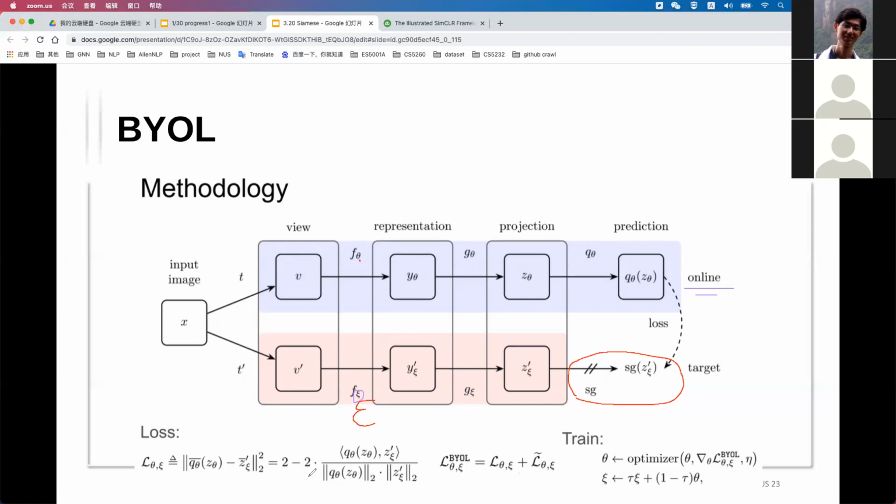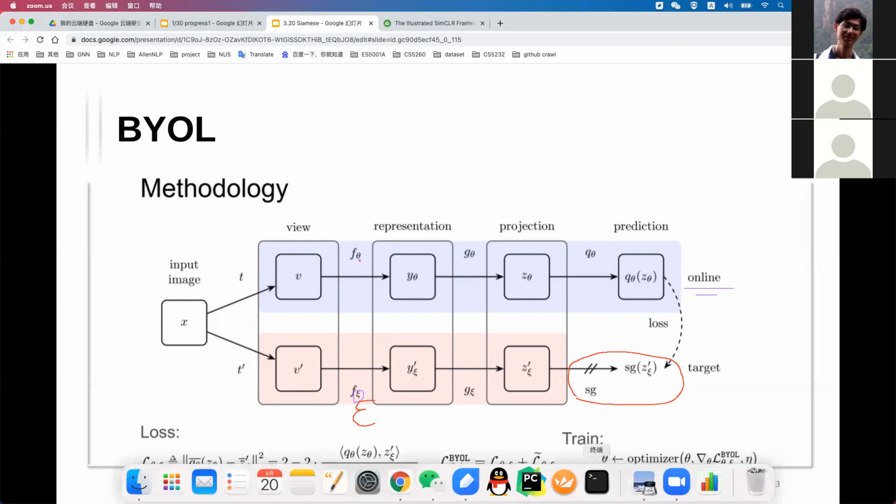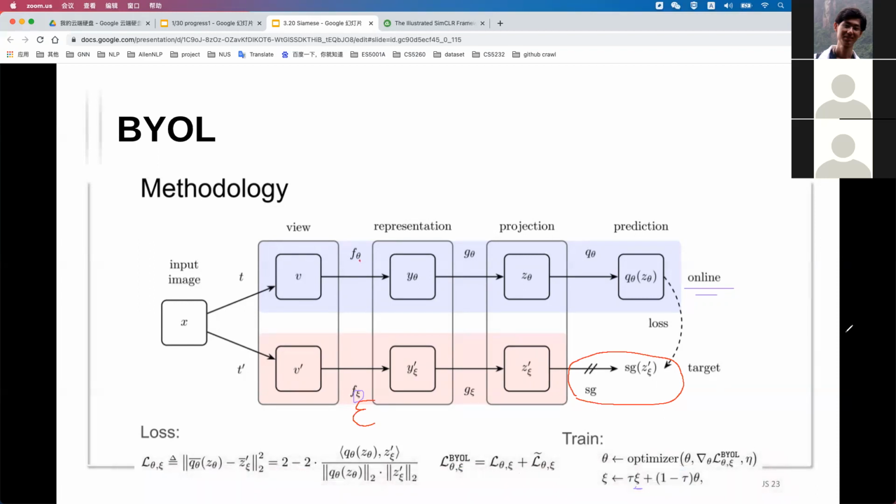But you can see it still has an epsilon, right? So that means if we update the gradients on the target branch, the loss will still be propagated back on this branch there. Am I right?